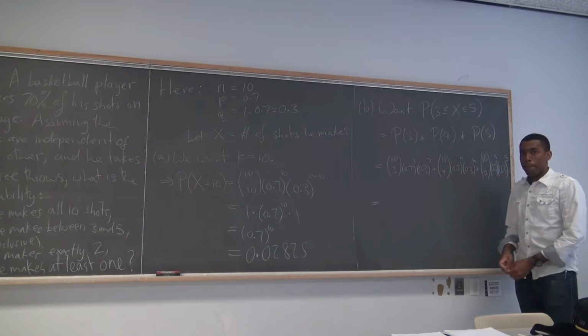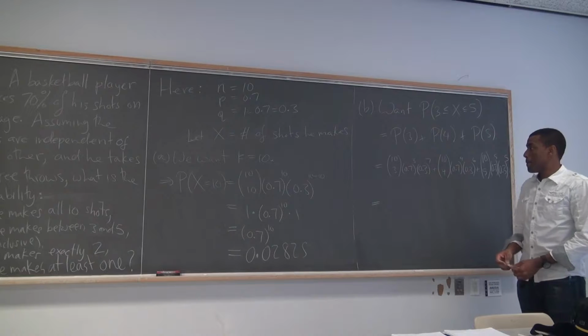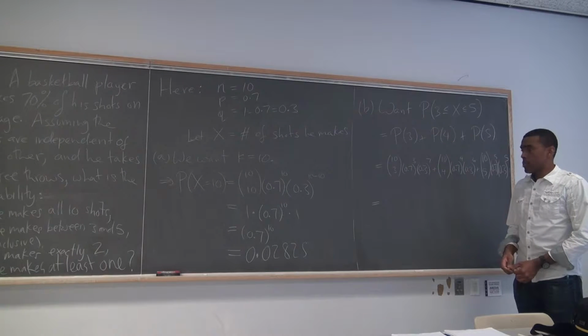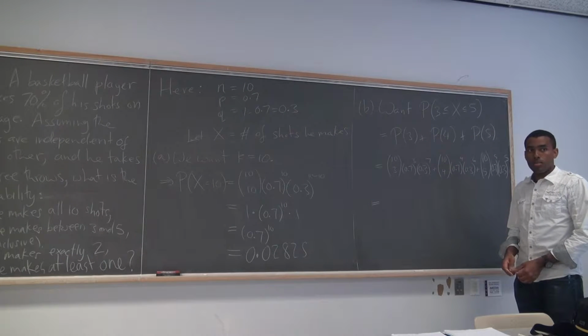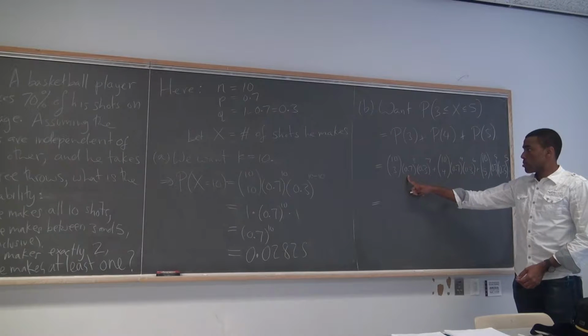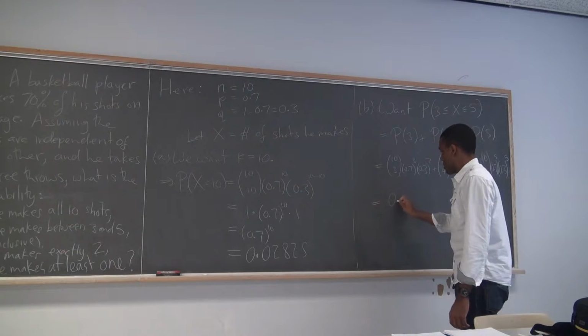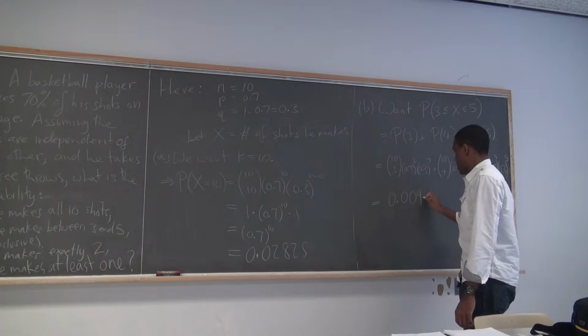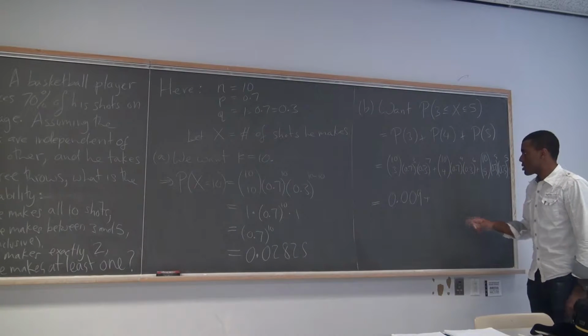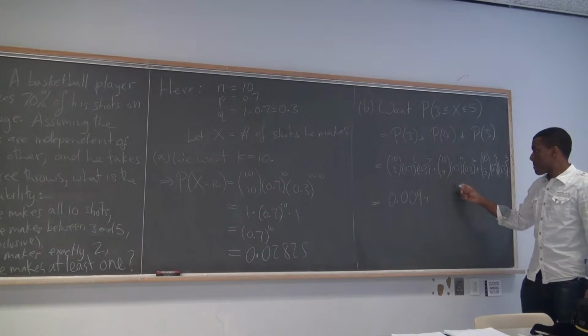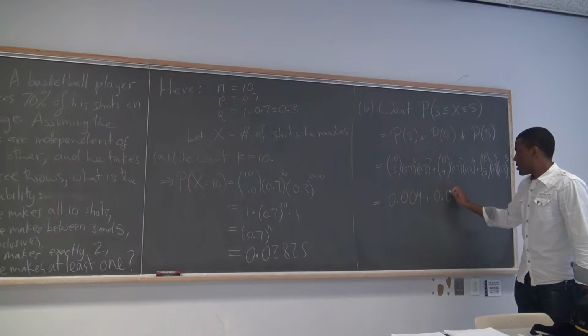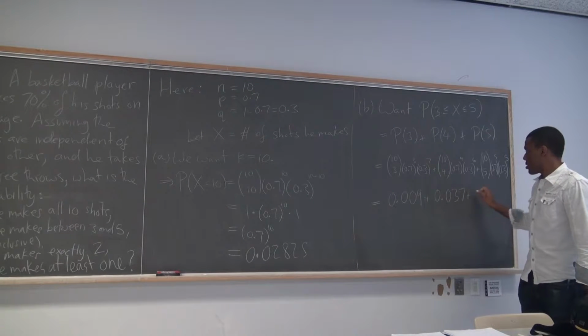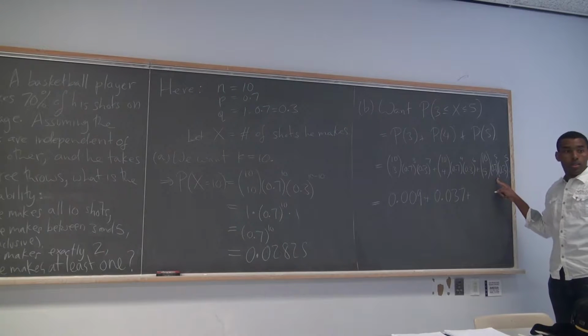And what's that? This one is 0.009. Okay, let's keep things 3 decimal places. What's the next one? 0.037. You guys should be trying this on your calculators to make sure you know how to use them.